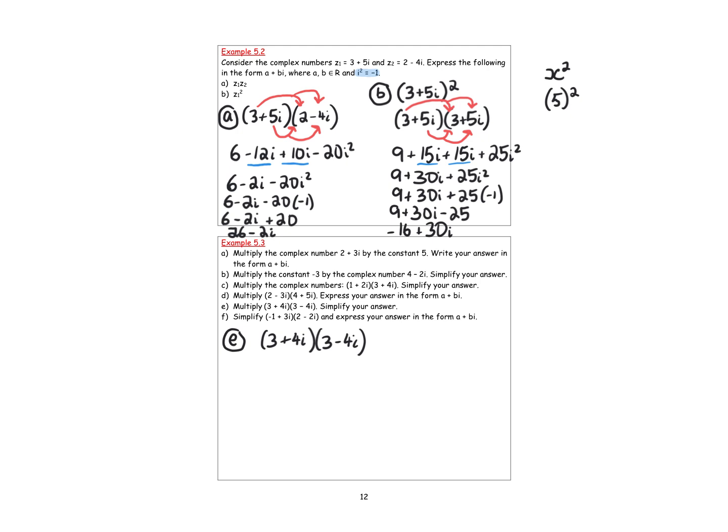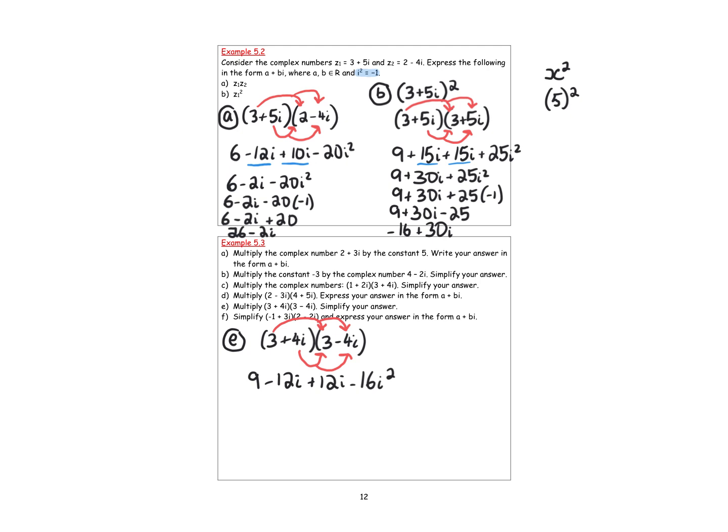What will happen here is we will have 3 by 3 and 3 by minus 4i, 4i by 3 and 4i by minus 4i. 3 by 3 will give us 9. 3 by minus 4i will give us minus 12i. 4i by 3 will give us plus 12i. And 4i by minus 4i will give us minus 16i squared.